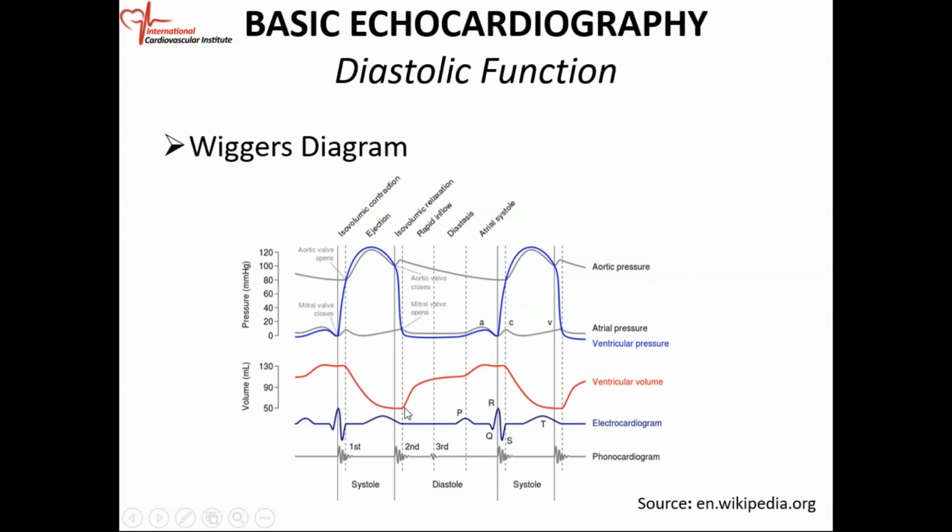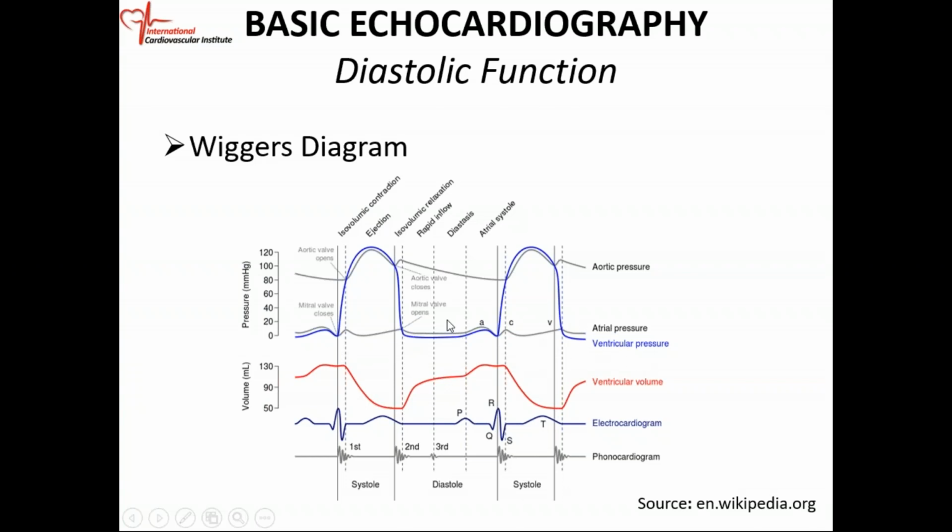In diastole, when the mitral valve opens, the heart starts filling up with blood again, so the volume is going to increase. So this is your ventricular volume, just showing you that in systole the volume decreases, in diastole the volume increases.